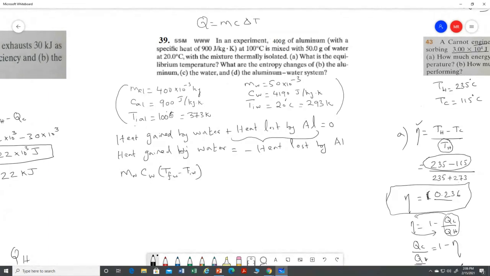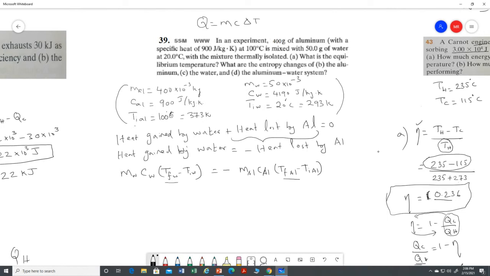Likewise, the right hand side, negative. Again I have to write the same formula: mass of the aluminium, specific heat capacity of the aluminium, and final temperature of aluminium minus initial temperature of aluminium. Now you have all the values except these.